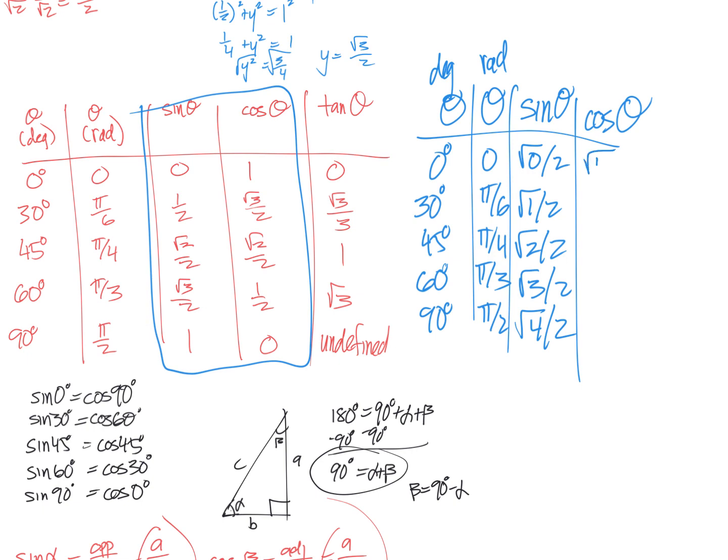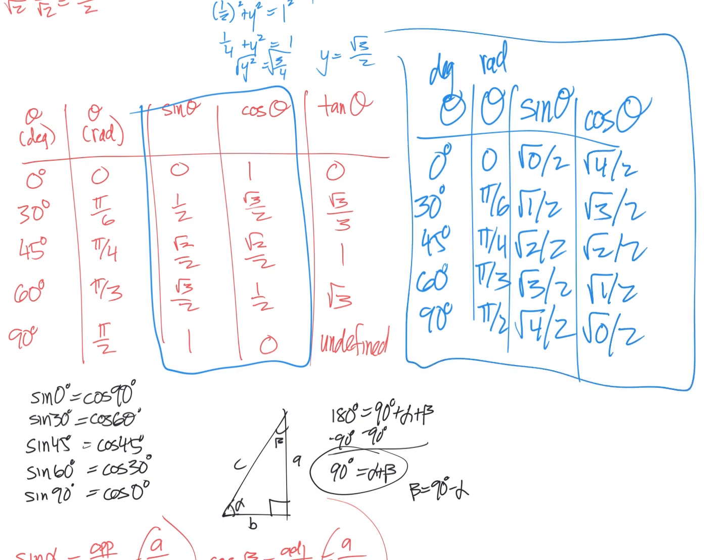So cosine of theta at 0 is root 4 over 2. At 30 is root 3 over 2. At 45 it's root 2 over 2. At 60 it's root 1 over 2. And then at 90 it's square root of 0 over 2. So this is another way of looking at this trig table, and it might help you memorize it.